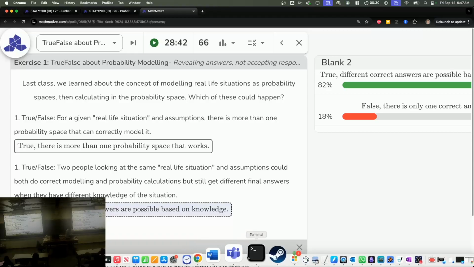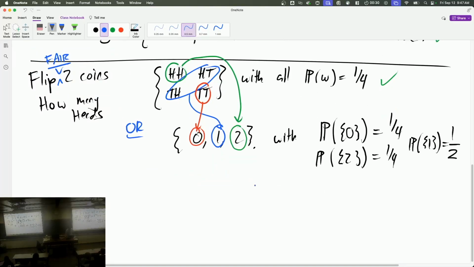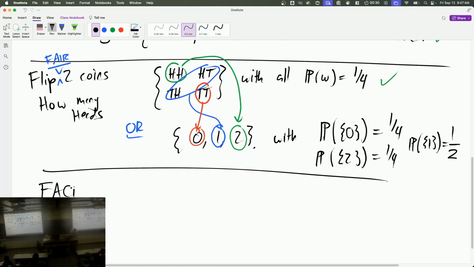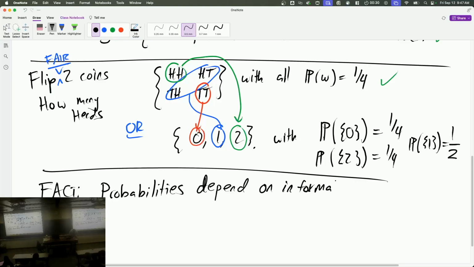So this is the next fact: probabilities depend on information. So there's no objective truth. The probability is only in the context of what information you have.